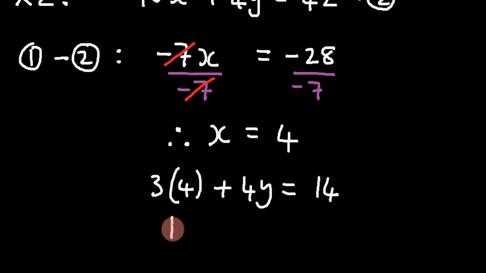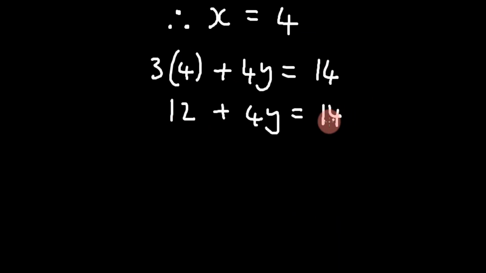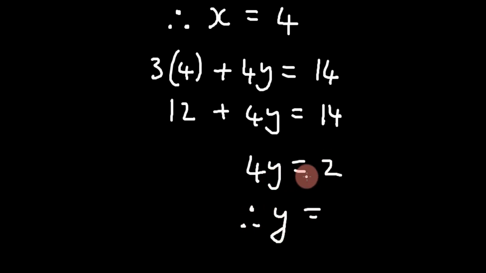And we solve. We can take the 12 to the right-hand side. So 14 minus 12 is 2. And now we can solve for y. y will be 2 divided by 4, or a half.